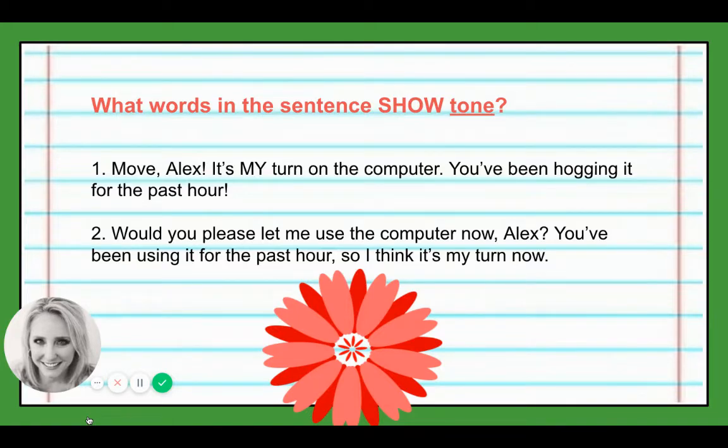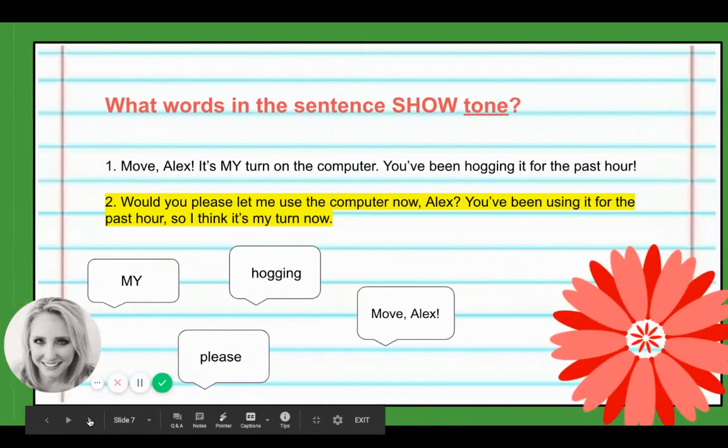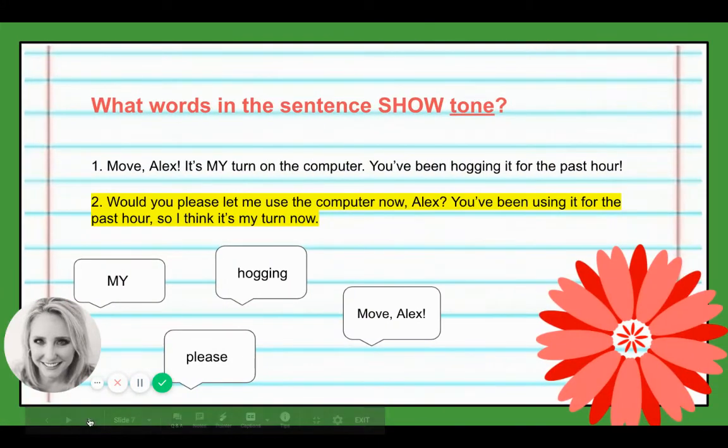Are there words here that show tone? What word is suggesting a tone? When I look at the first sentence, I actually am struck by the punctuation.